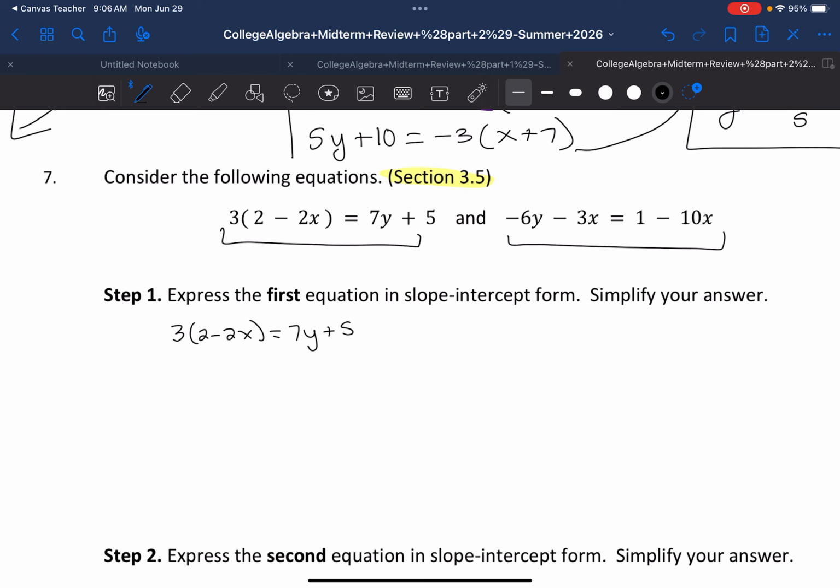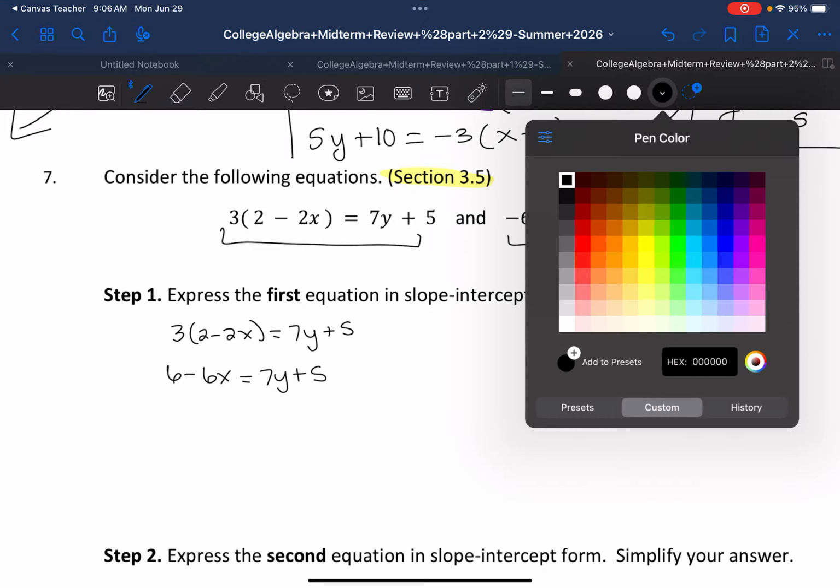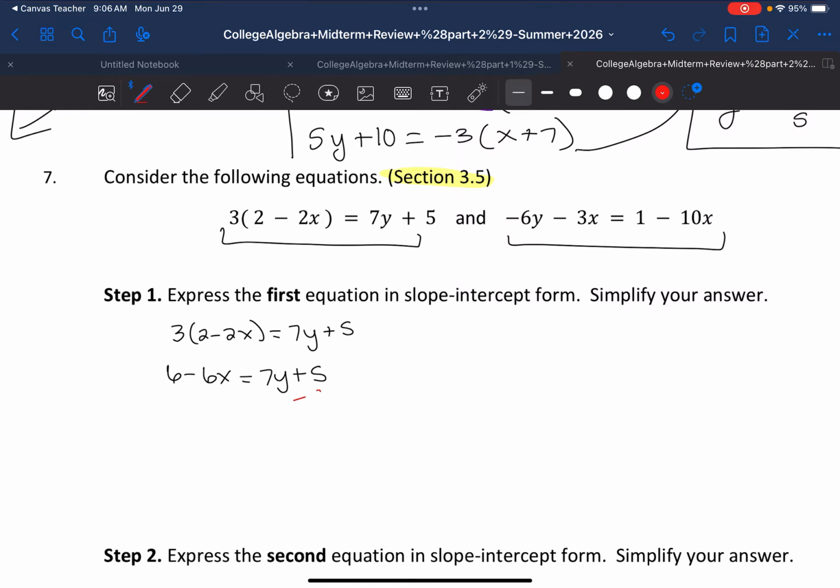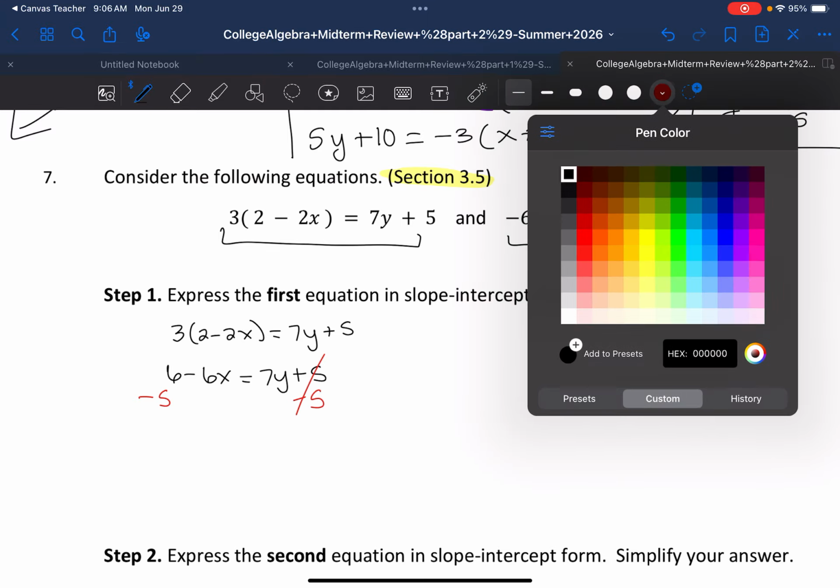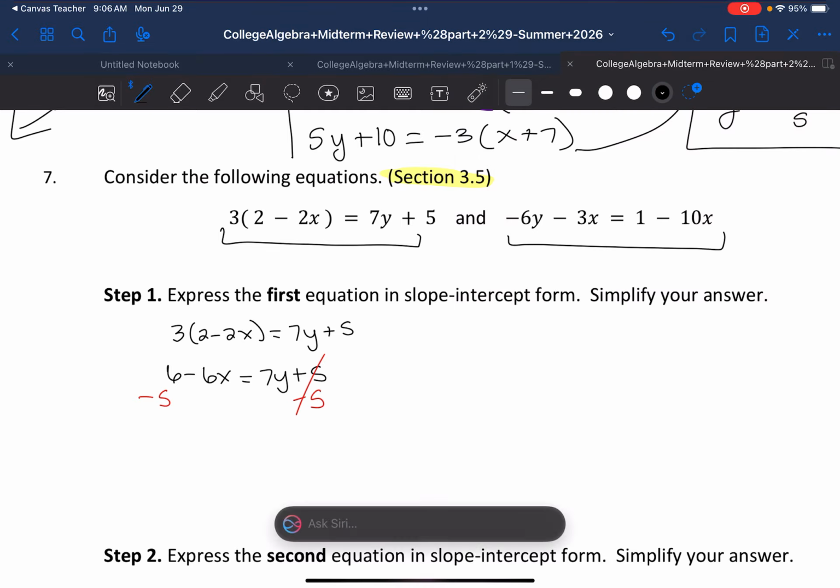So I'm going to distribute that 3 to get 6 minus 6x equals 7y plus 5. And then I'm going to subtract 5 from both sides. 6 minus 5 is 1, so that'll leave me with 1 minus 6x is equal to 7y.